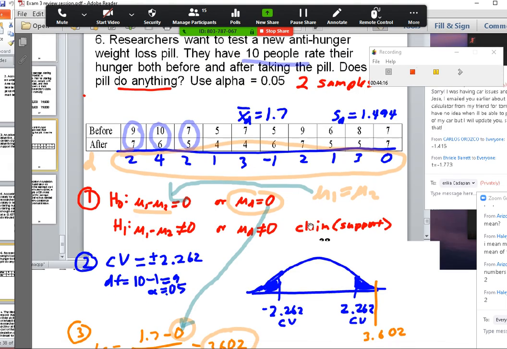Because you are not going to find the x bar for this top one, and you're not going to find the x bar and the s for this bottom one. You're going to just subtract them and find the x bar and s of their subtracted values. These guys down here in orange, you're not going to find those separately. They don't matter separately. It's more important to see how they are when you subtract them and then find the s and the x bar of this part here.